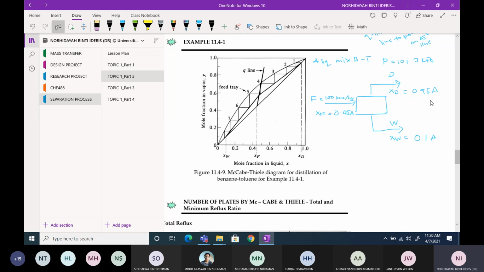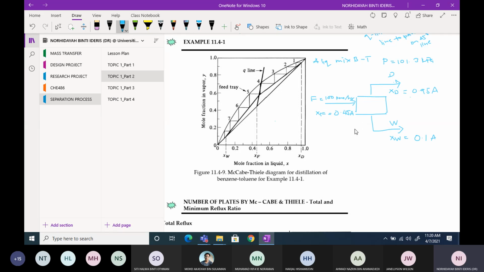Alright, so I just label A so you know that this is a binary system. So by right, the remaining is the molecule B. So 0.45 A means that 0.55 B. Alright, so this is just a simple sketch of the system. Now let's move on to the information that has been given.